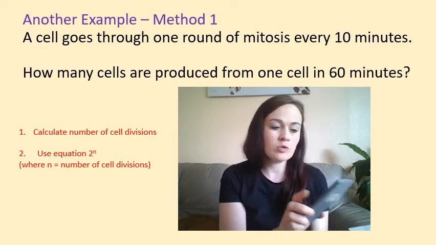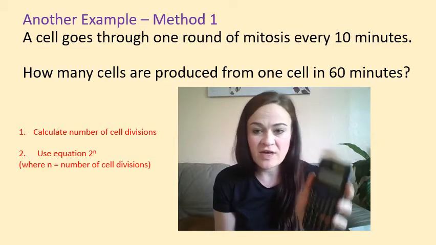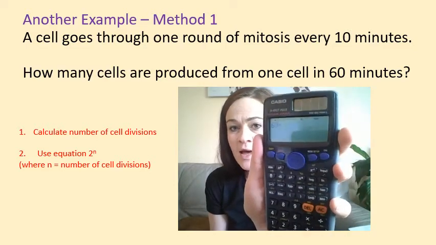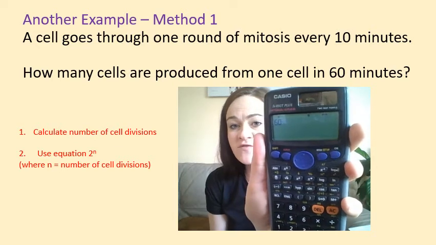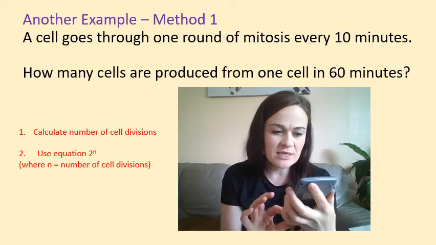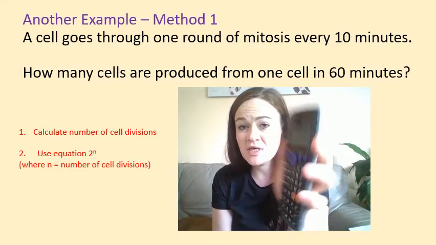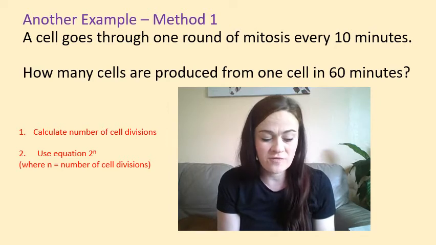So, what we'll do is we'll take the total duration, which is 60, and then we're going to divide it by how long one division takes, and that's 10 minutes. So it's 60 divided by 10 equals 6.